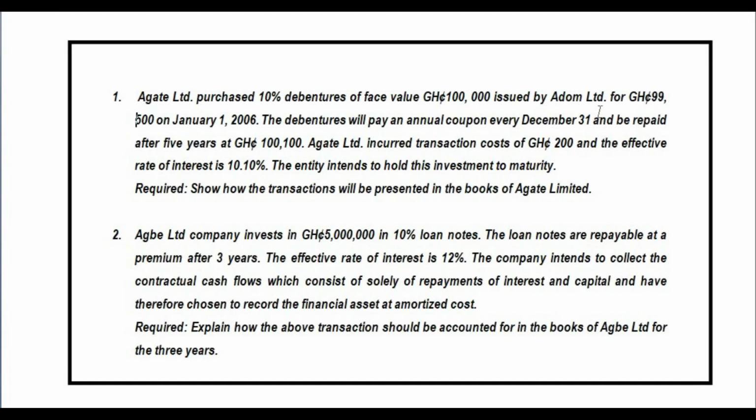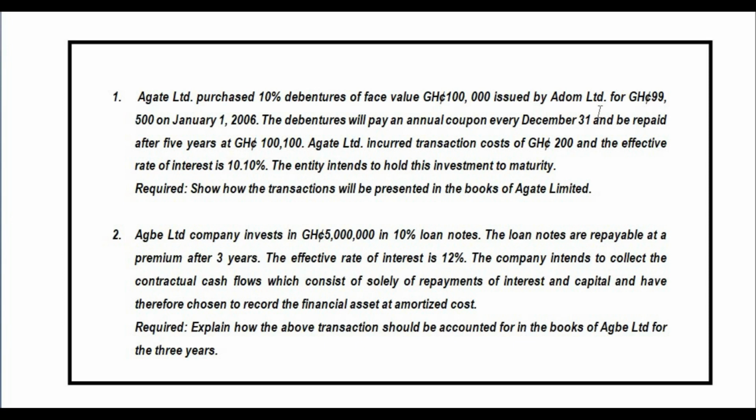Alright, so we'll be starting with question 1. Agate Limited. Let's look at what the question says. Question 1. Agate Limited purchased 10% debentures of face value 100,000 issued by Adom Limited for 99,500 on January 1st, 2006.